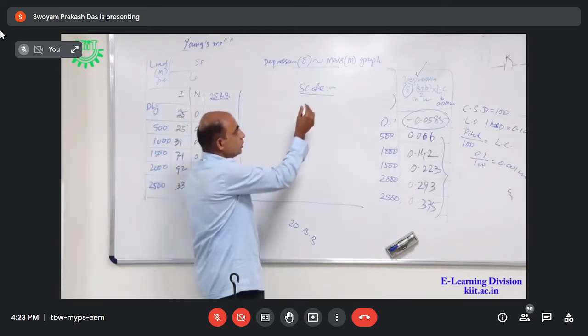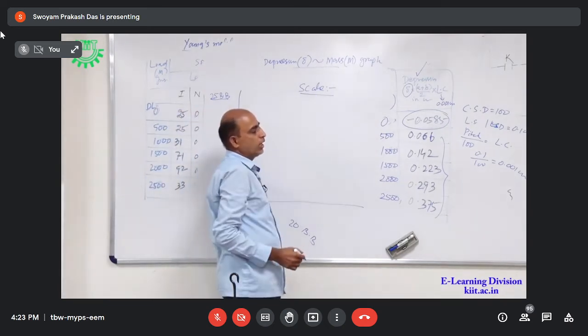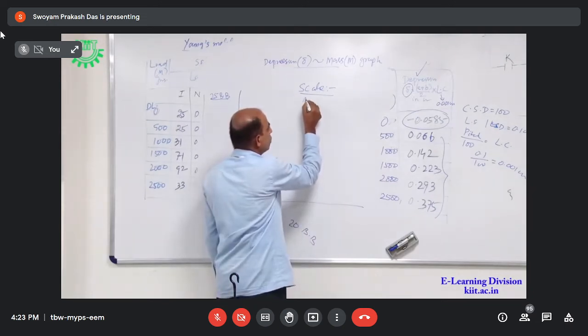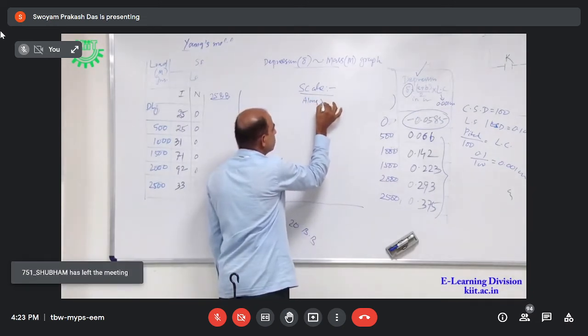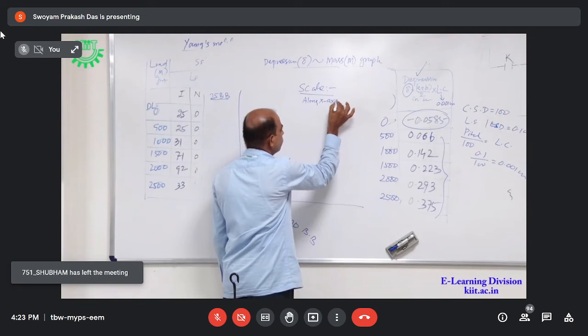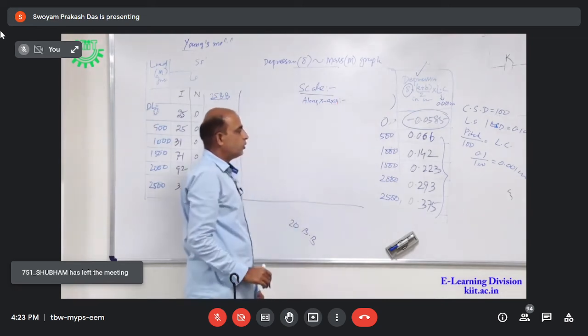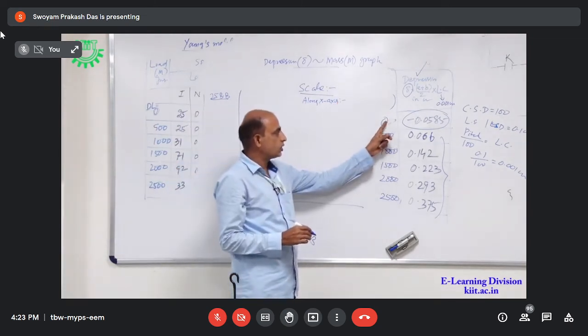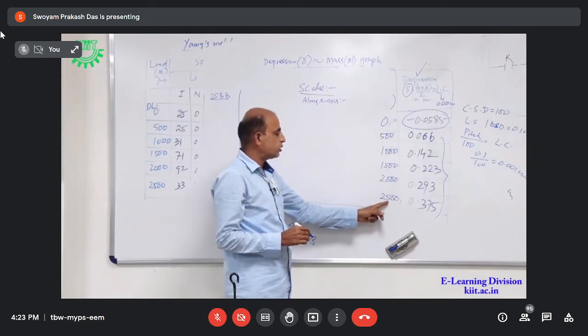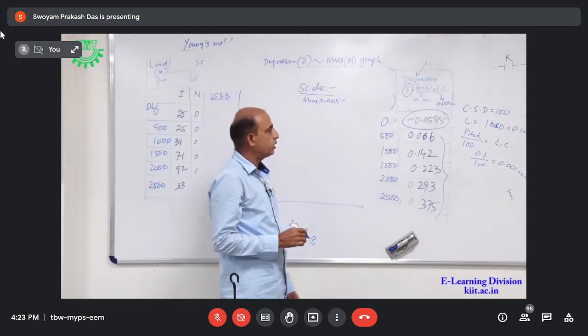So that is why we have to choose a proper scale, and we will mention along the x-axis. We can see the starting load is 0 and the maximum load is 2500.